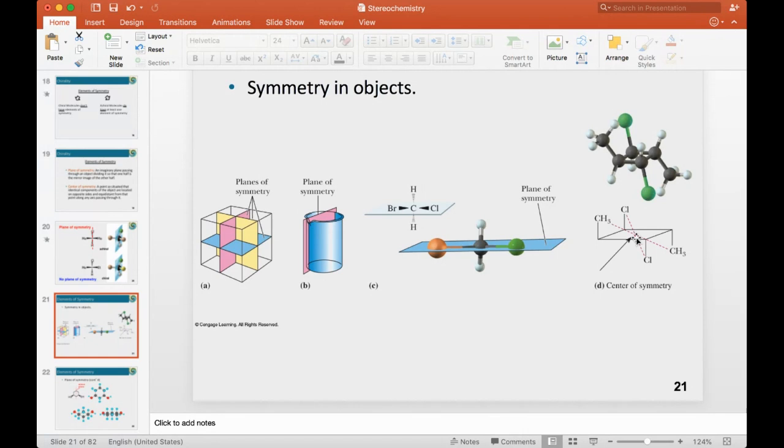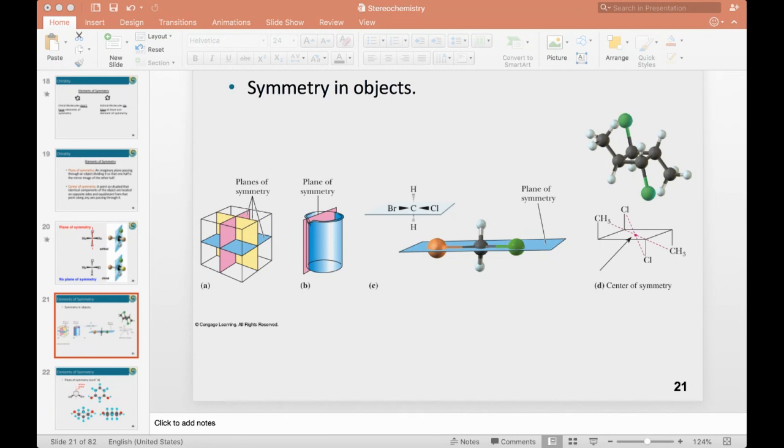That's a point of symmetry. Opposite, same group, same distance. It's more challenging to find points of symmetry as compared to planes of symmetry, and that again requires practice.